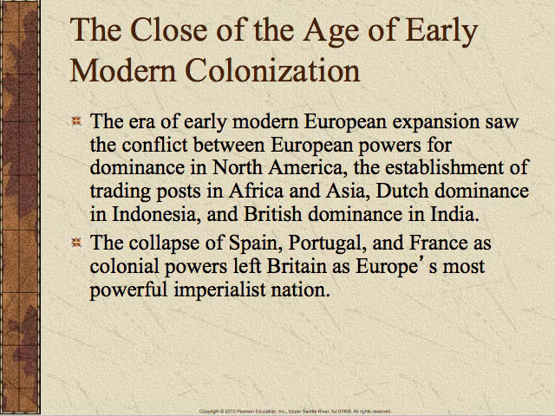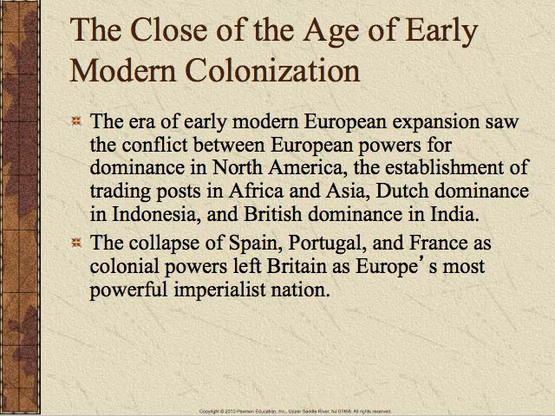So there are a number of issues with early modern colonization. Certainly, the independence movements in Latin America and the collapse of a large global Spanish empire. The Portuguese largely lost their empire in the Indian Ocean to mostly the Dutch, especially in Indonesia. And so as a result of this, by 1820 or so, the world's great empire was the British Empire.